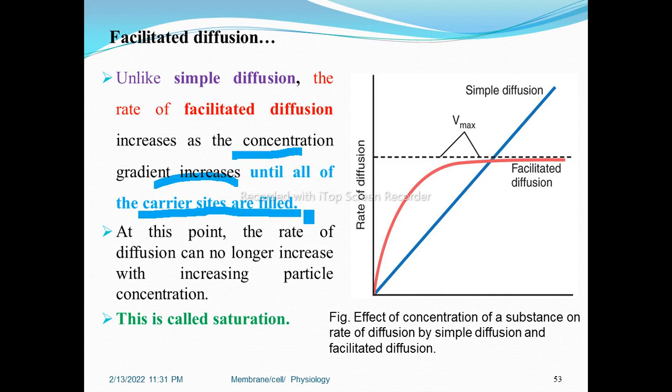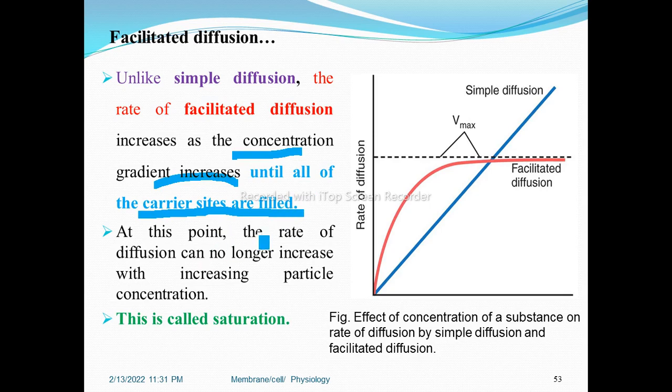That means in simple diffusion, as concentration gradient increases, the diffusion also increases. There is no limitation. But in facilitated diffusion, the diffusion also increases, but only up to a certain limit until carrier sites are filled. As carrier sites are filled, it will be uniform.